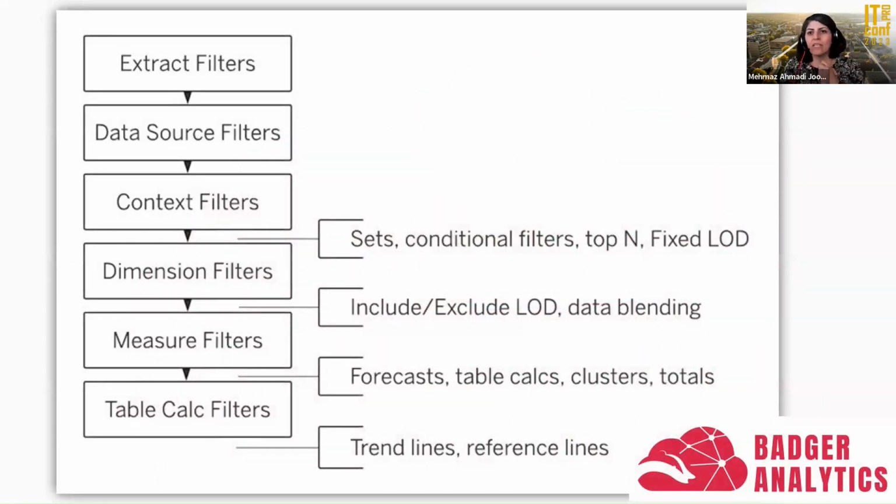If you have developed reports using Tableau, you have probably seen this. If you have not, this is the map of order of operations. So when we are dealing with data in our report, sometimes we filter data, or we manipulate it.